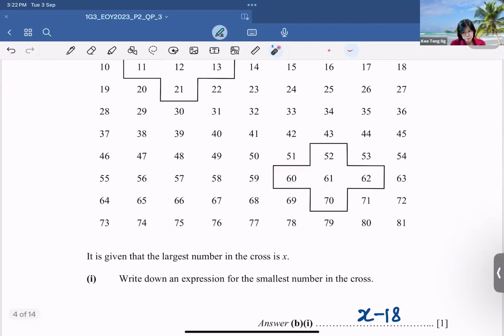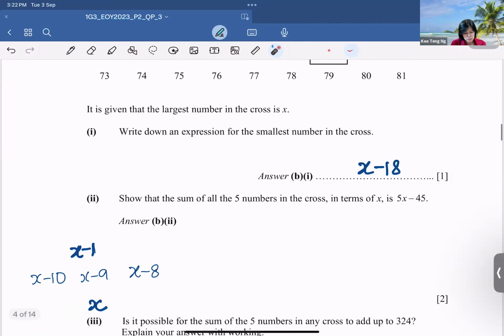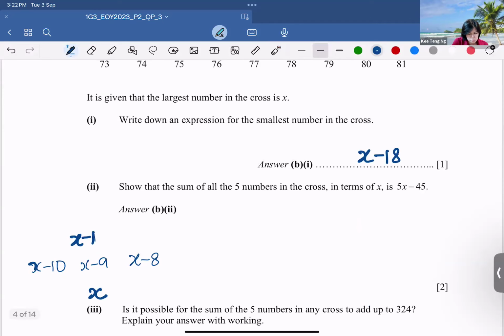The difference is 10, so this is x minus 10. Then the next is one number short, so x minus 9. Then this one is x minus 8. So these are all the numbers inside the cross.